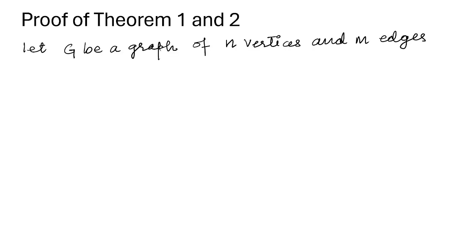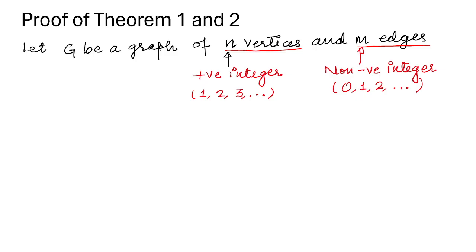Let G be a graph of n vertices and m edges. Now this is the order of the graph, and this is the size of the graph. The important thing to remember here is that this n should always be a positive integer, whereas m can be 0 as well. Why?